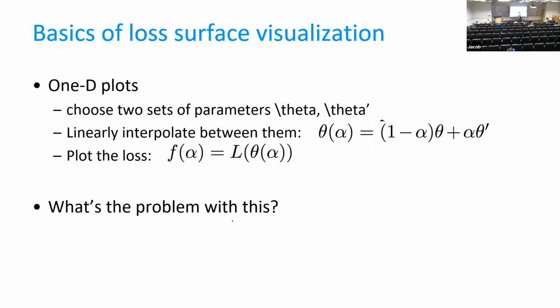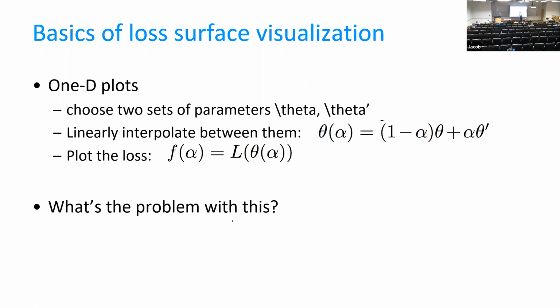We have 1 minus alpha times theta plus alpha times theta prime, and then we change alpha. There's a vocab word that describes what this formula says. Any ideas? I heard parameterization. So yes, it's definitely a parameterization.